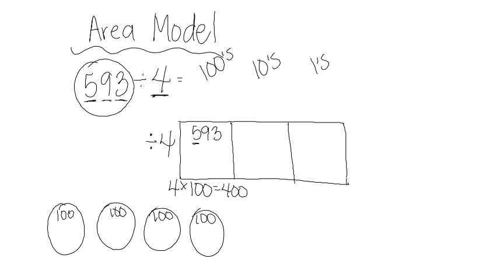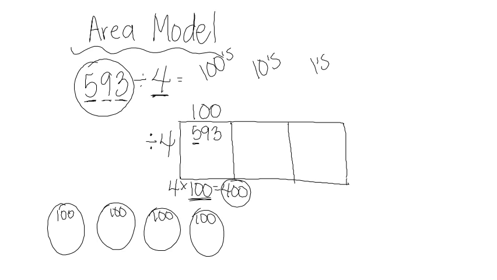So this is what I'm going to use. I'm going to use my 400 and my 100 here. Now my 100 is going to go on top because it is part of my quotient. Just like with partial quotients, we still have partial quotients here. We're getting part of our quotient at a time, and we'll add it up at the end. So 100 is in each group.